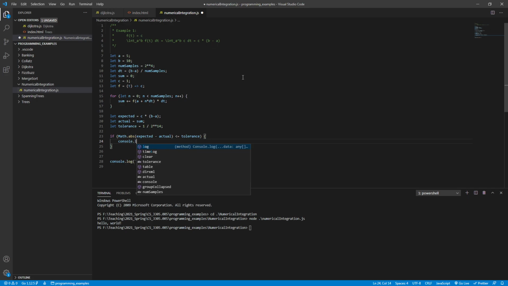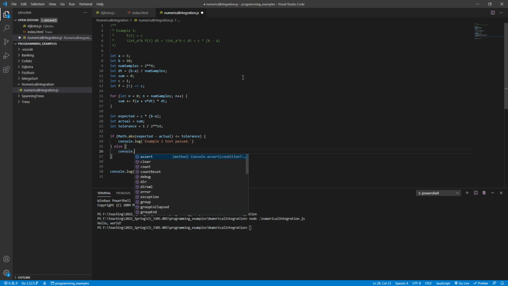Okay, and if it is, then the example 1 test passed. And if not, then we write to standard error: Example 1 test failed.